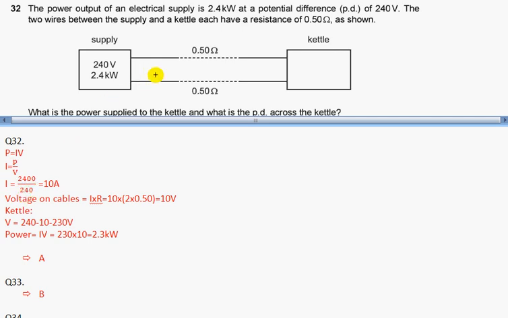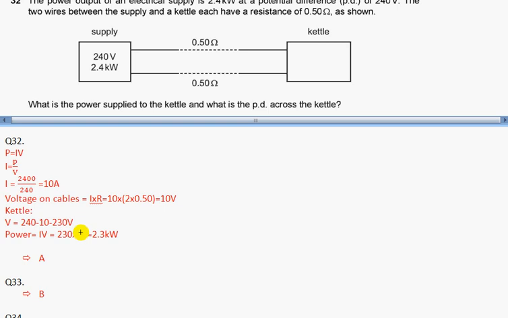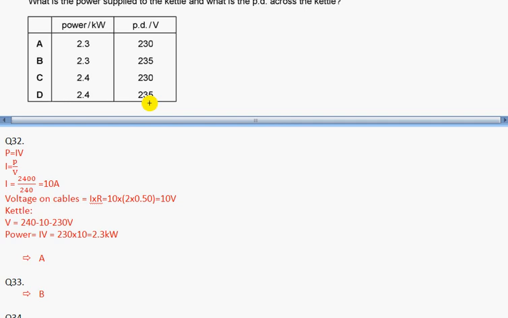Part of the voltage falls on this resistor and this resistor. To find how much falls, we multiply the current by both resistors, and it appears to be 10 volts. So 10 volts out of 240 falls here. It means that on the kettle we have 230 volts. As we know the voltage and also the current flowing, in series connection we multiply current by voltage and get the power in the kettle, and all this gives us answer A.